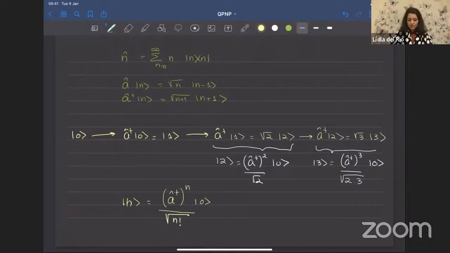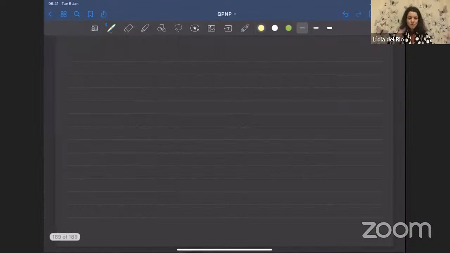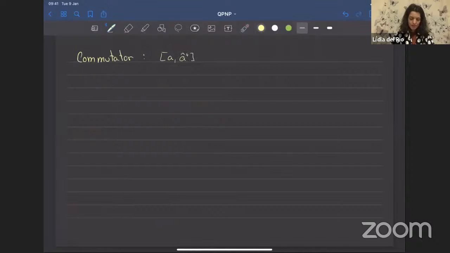So now there's only one more ingredient we need, which is to look at what the commutator is. And the claim is that the commutator of A and A dagger is just the identity. So let's show it.